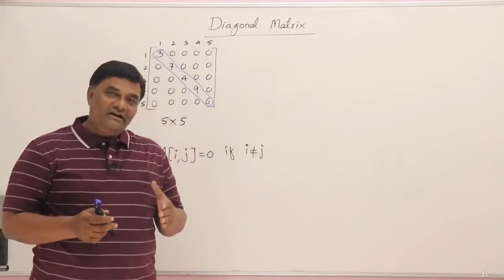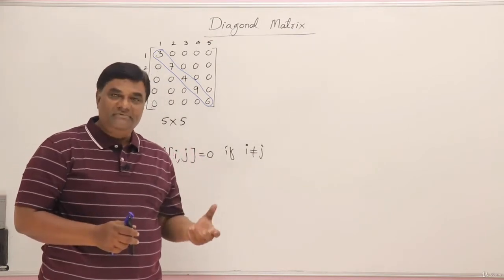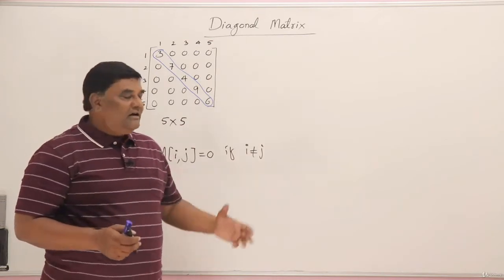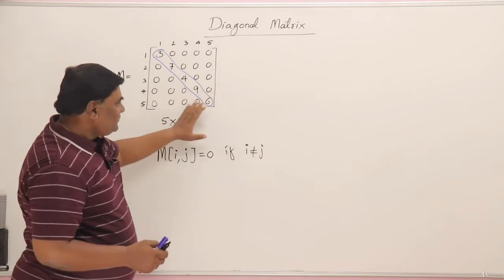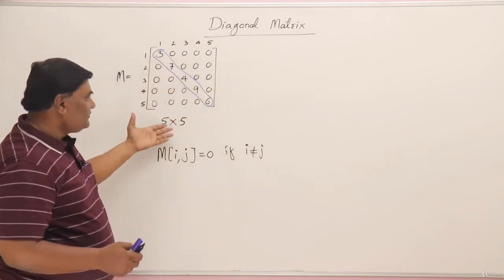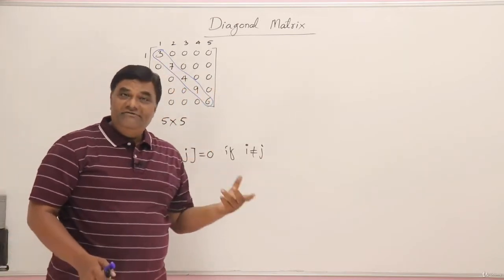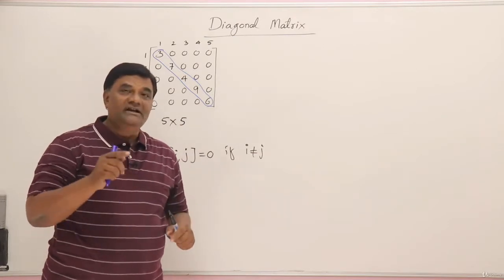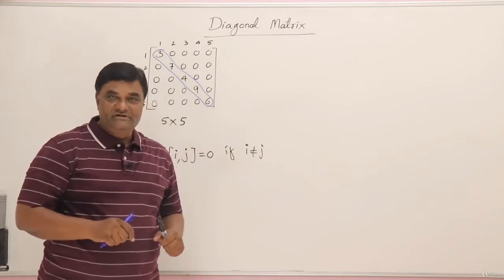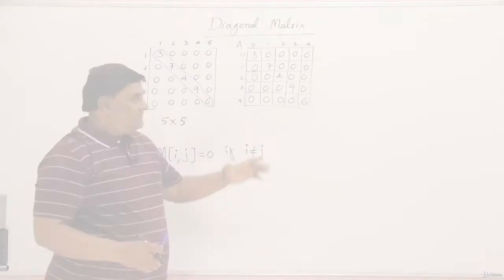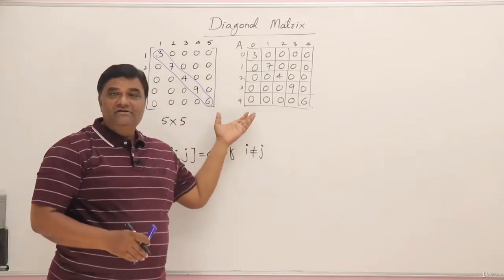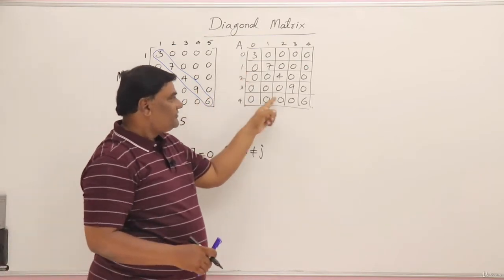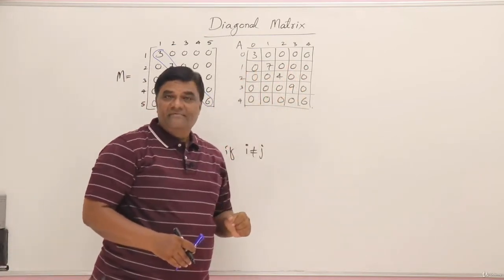Now, if I have to represent a diagonal matrix in a program, then for a matrix I have to take a two-dimensional array, 5 rows and 5 columns. But if I take a two-dimensional array of size 5 by 5, most of the elements will be zeros. If I take a two-dimensional array for storing this matrix, then most of the elements are zeros.